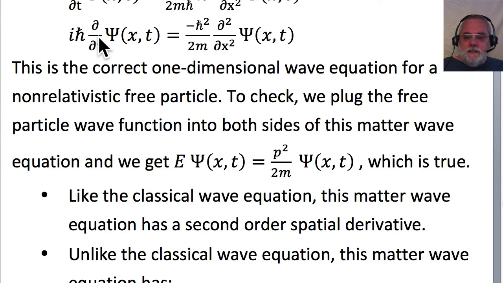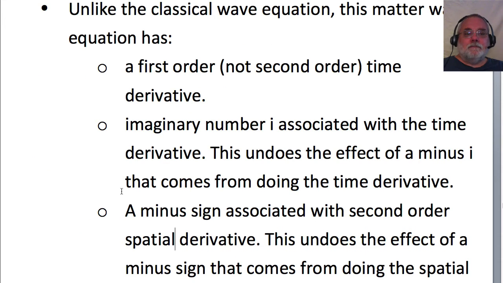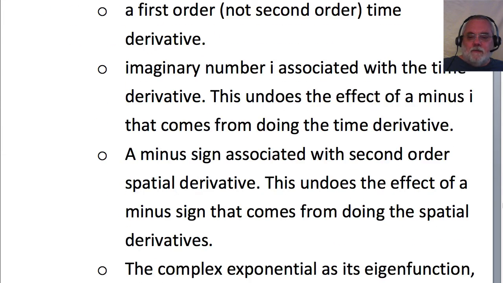This undoes the effect of a minus i that comes from doing the time derivative operation. It has a minus sign associated with the second order spatial derivative. This undoes the effect of a minus sign that comes from doing the spatial derivatives.